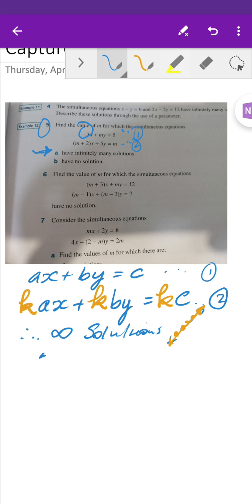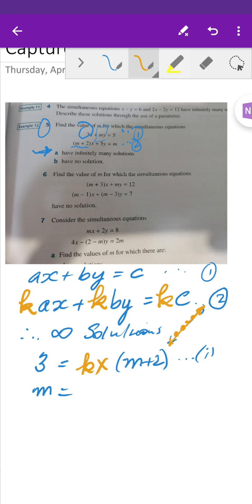A is 3, and that's going to equal some constant times the value of m plus 2, which is the same coefficient in the second equation. Now the second equation is take b, which is m, and that has to be the same constant multiplied by some multiple of 5.